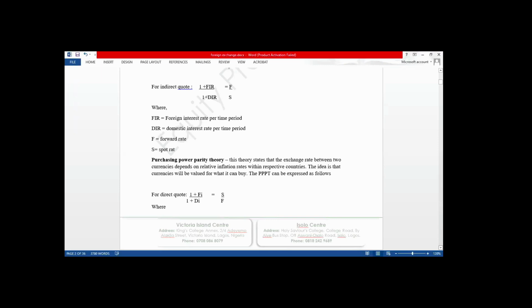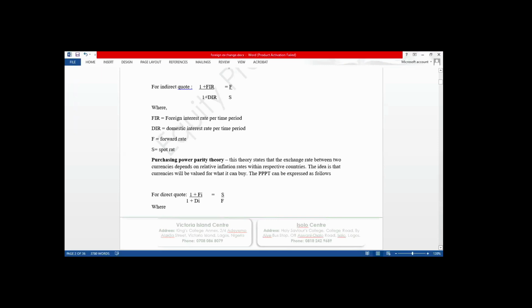Look at that argument. A country with higher inflation rates, we have its currency value depreciating compared to a country with lower inflation rates. If you check on the internet, look at the inflation rate in Nigeria.